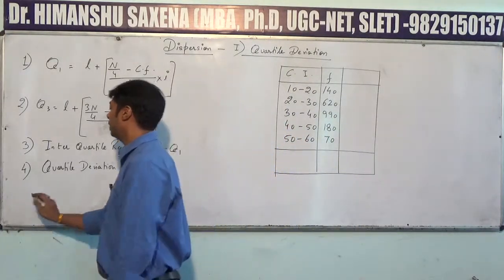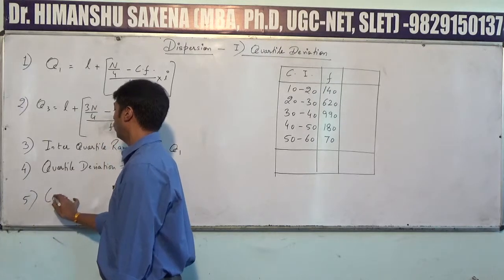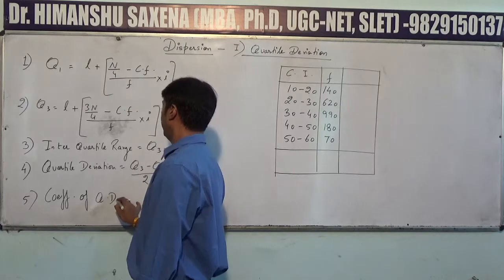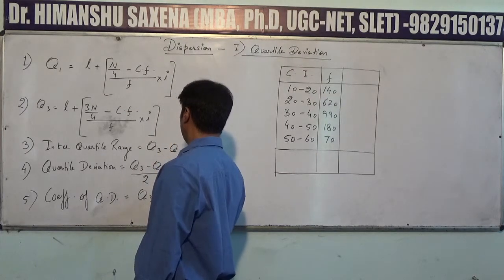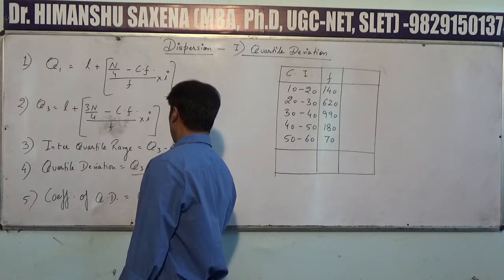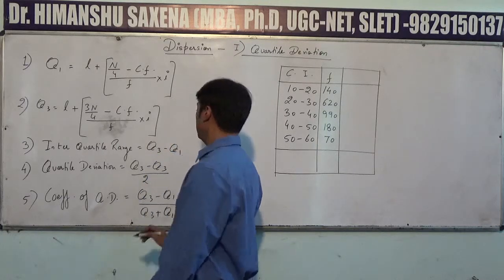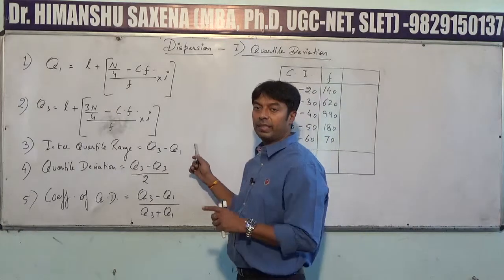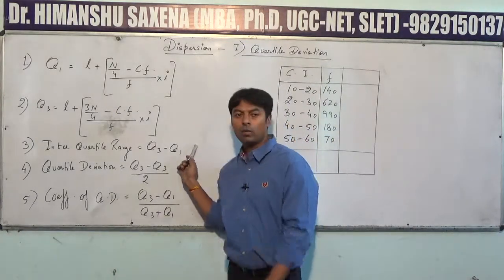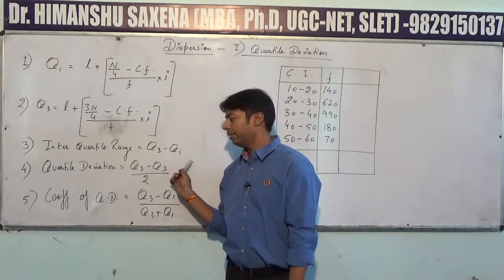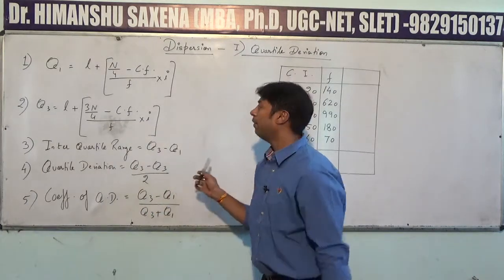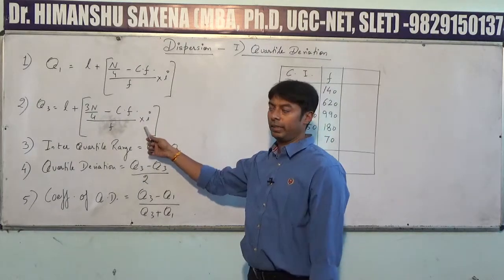One more concept is coefficient of quartile deviation, that is Q3 minus Q1 upon Q3 plus Q1. Now we can always calculate all these three concepts: interquartile range, quartile deviation and coefficient of quartile deviation. But we have to have the value of Q1 and Q3.